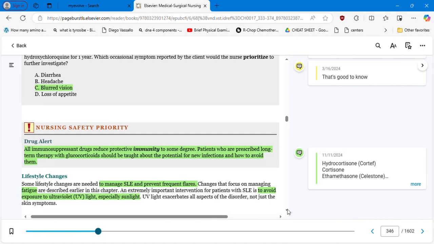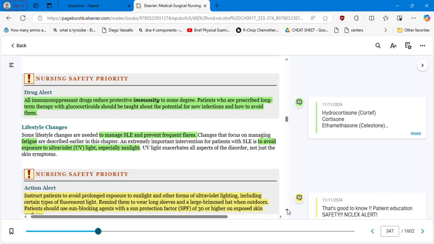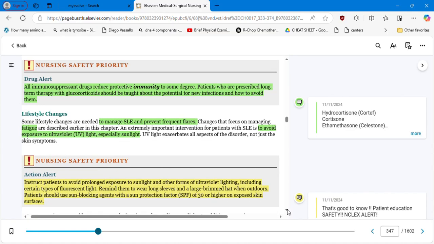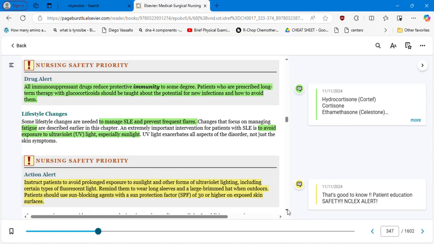Another safety priority: all immunosuppressant drugs reduce protective immunity to some degree. Patients who are prescribed long-term therapy with glucocorticoids should be taught about the potential for new infections and how to avoid them. Yes, because they are masking and putting your immune system to sleep, somehow reducing the inflammation that way.